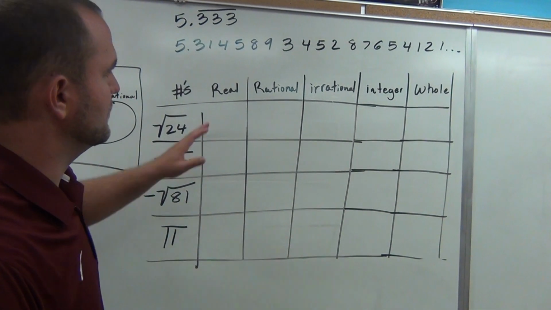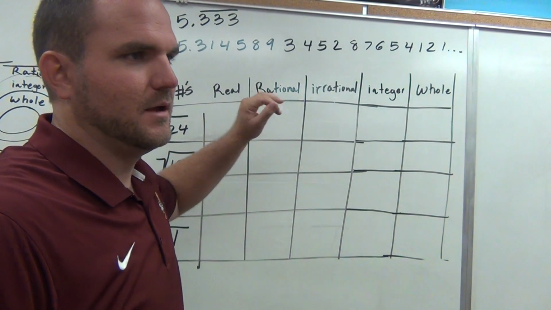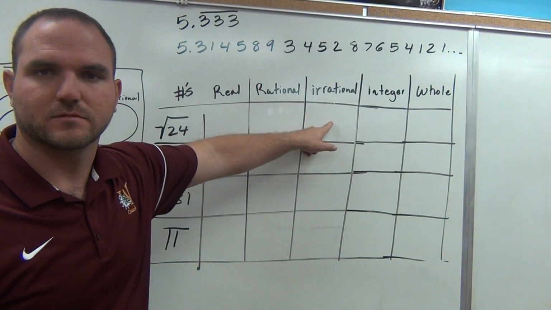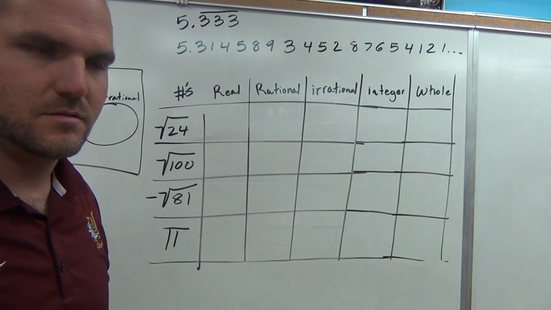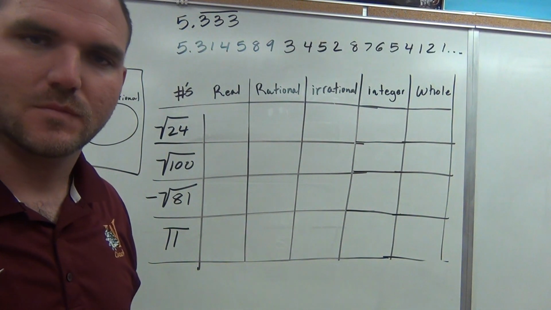We understand that rational numbers, okay, they're decimals and fractions, but these decimals are different than irrational numbers, okay? Rational numbers, if you look back at our notes, they stop, okay?